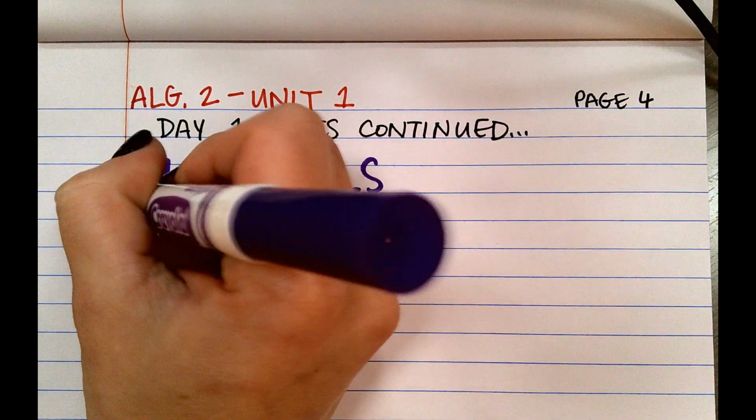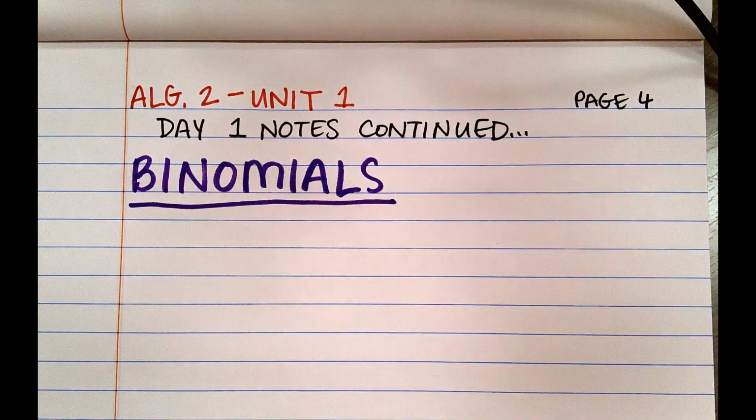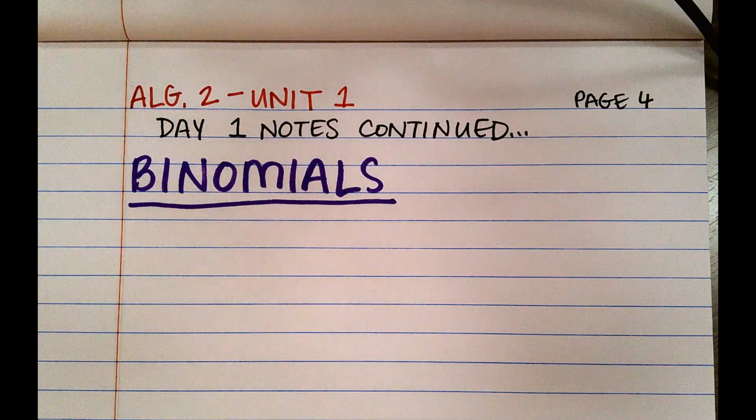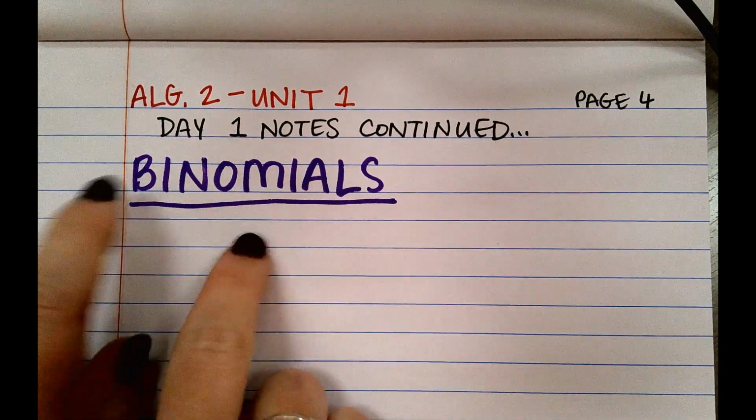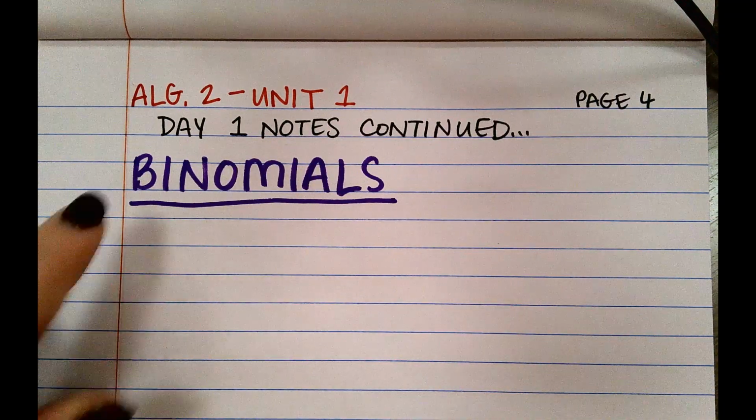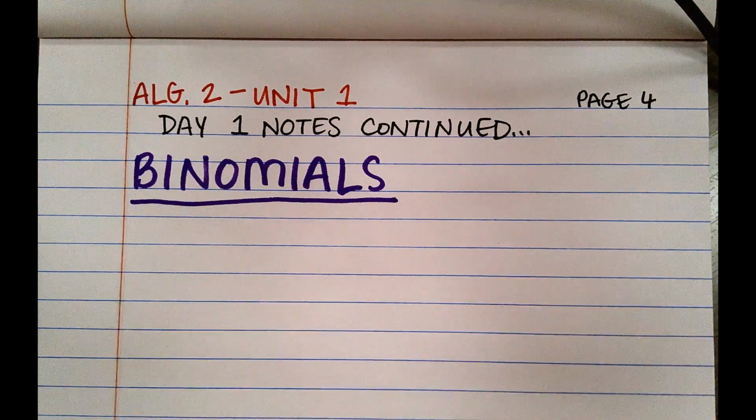Binomials. What's a binomial? Anybody know? It's an equation with two numbers, terms. Yes, terms. Here's a great way to break this up.